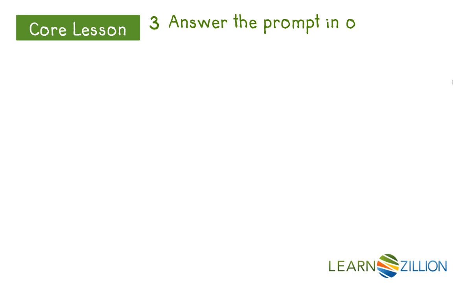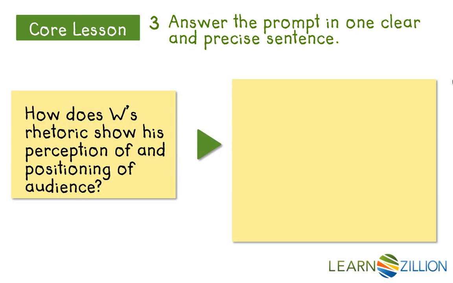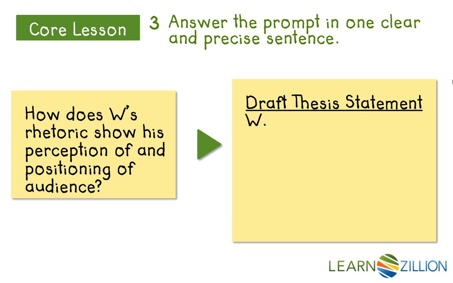Step 3 then, with all those ideas floating in my head, is to answer the prompt in one clear and precise sentence. Don't worry too much about making this sentence beautiful, just try to get it out there. So my question was, how does Washington's rhetoric show his perception of and positioning of audience? And here I go. In order to answer it, I like to use the stem of the question to start my answer.